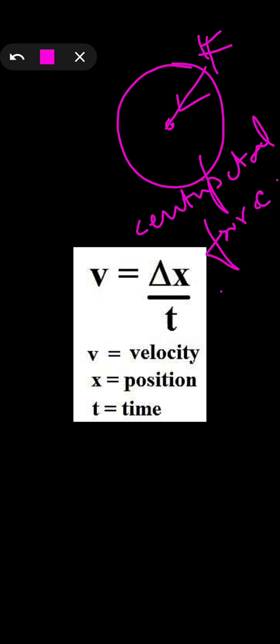The next thing is the acceleration that acts upon the body along the radius and towards the center. Like the force acting towards the center, the acceleration also acts towards the center of the circular path, and this is said to be centripetal acceleration.